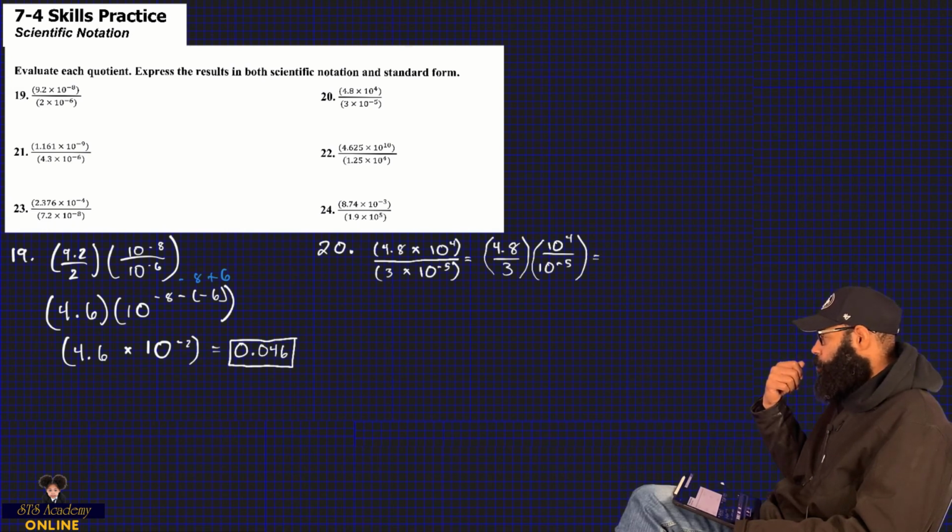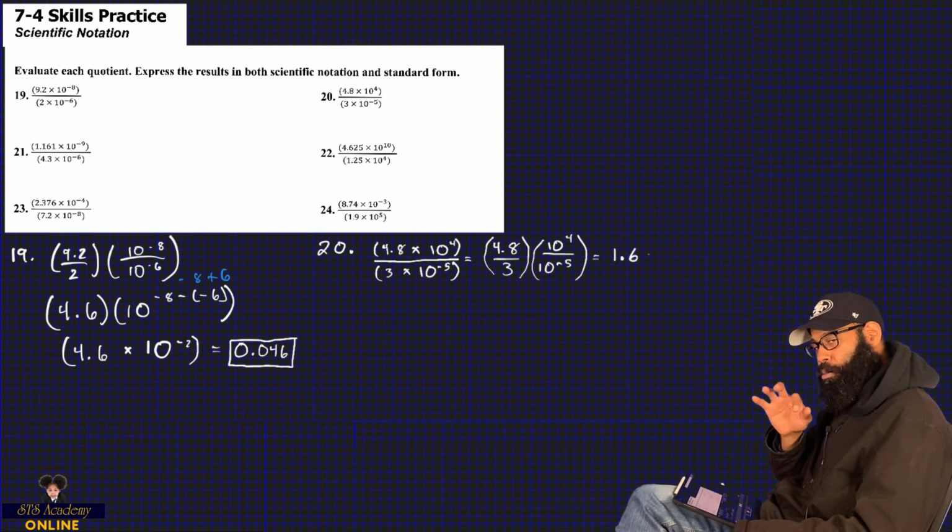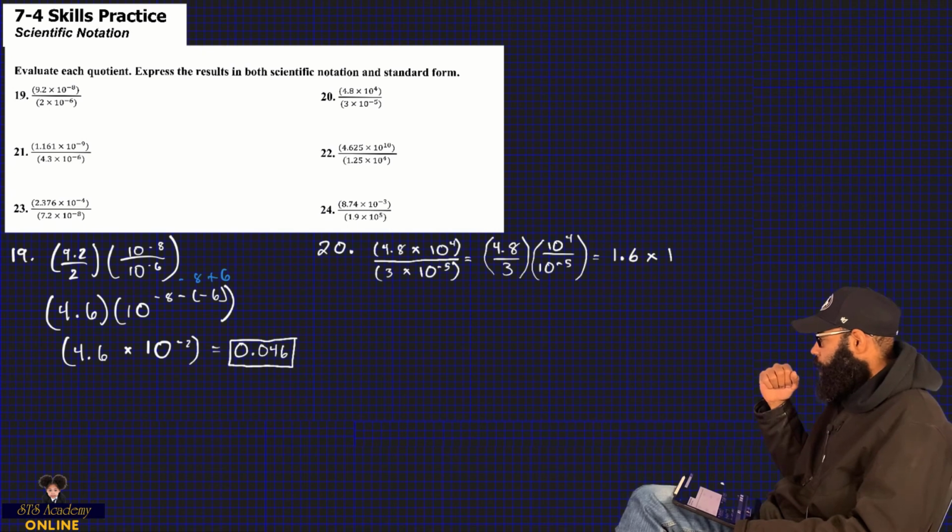So, got that calculator? And it looks like I'm going to say 1.6 times 10 to the 4 minus, right? Rule of subtraction, a negative 5. So 4 minus a negative 5 becomes 4 plus 5, hence a 9.